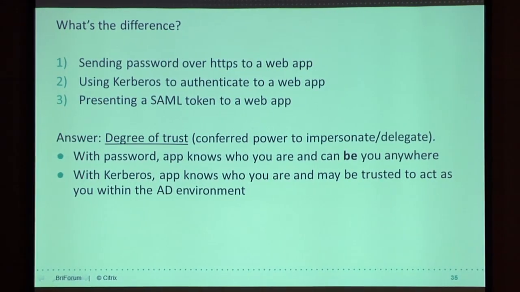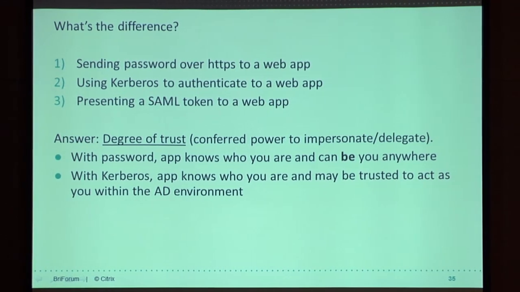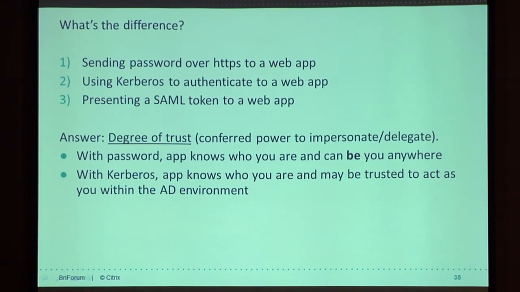With Kerberos, we're proving who you are to that web application. Kerberos has a delegation mechanism built in. The client can choose to send the web server an extra Kerberos ticket that lets them continue to impersonate that user, to other systems in that domain or that forest infrastructure. But it's a more controlled delegation step, but it's also stuck in AD.